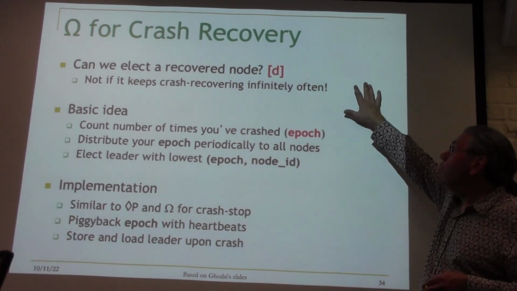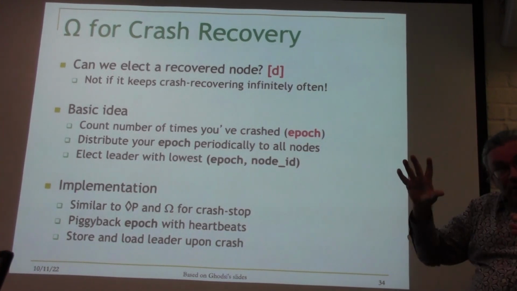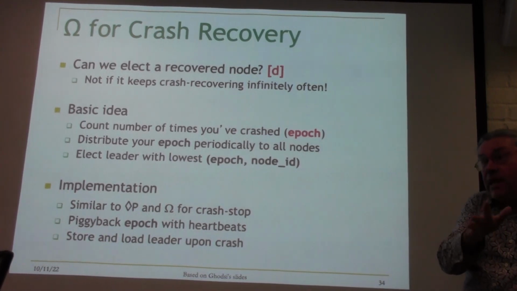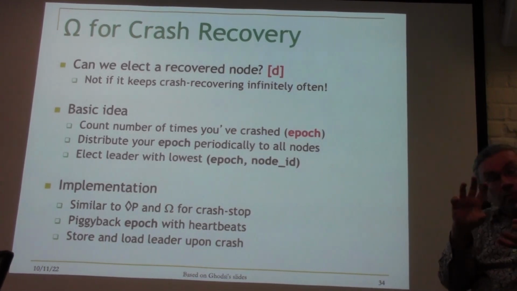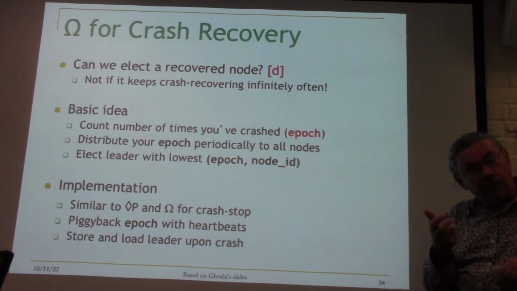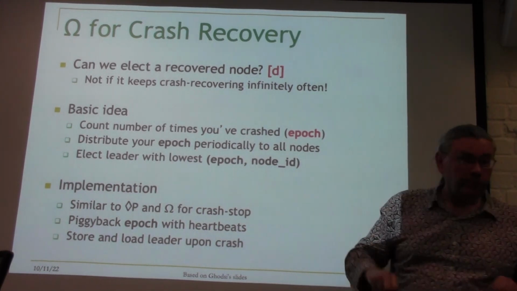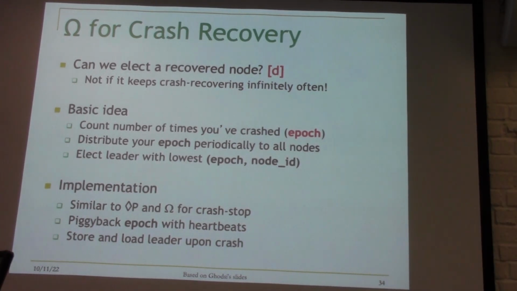So you see how for crash recovery, you can still use the same idea as before, but you have to make some modification. Okay, so that's an example of, first of all, an interesting algorithm. Leader election is actually useful, an eventual leader election. And it's also to show you how to write code for partially synchronous system.